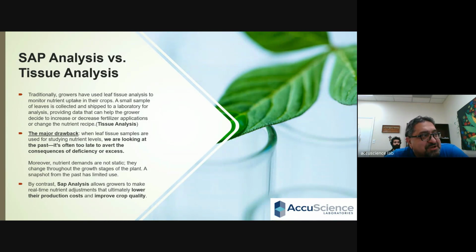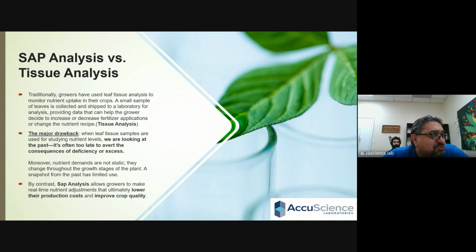Traditionally, growers have been using leaf tissue analysis to monitor the nutrient uptake in the crop. A small sample of the leaves is collected and shipped to the laboratory for analysis. Once the laboratory gets these leaves, they clean them, dry them, grind them, and digest them, then analyze them for different parameters, mostly nutrients. And hold on to this, I'll come back to it.